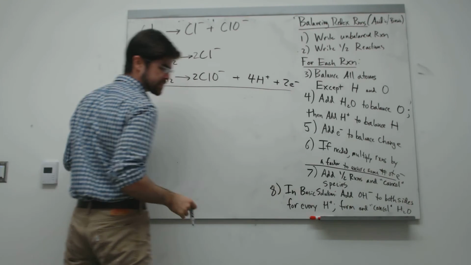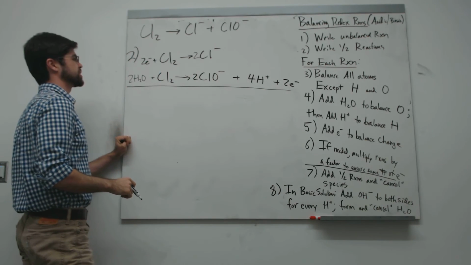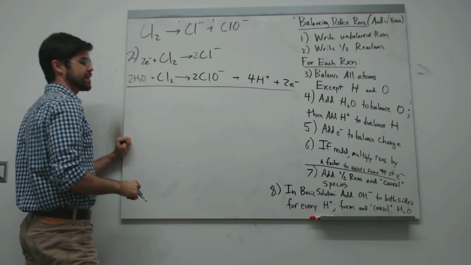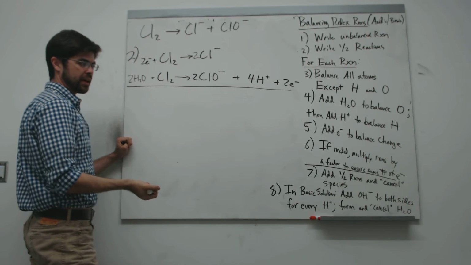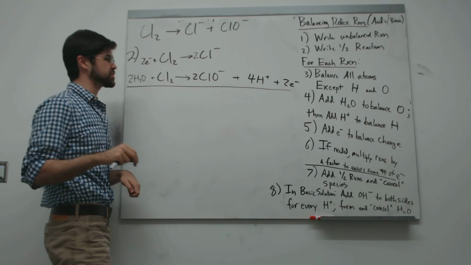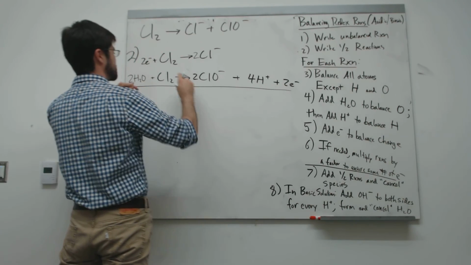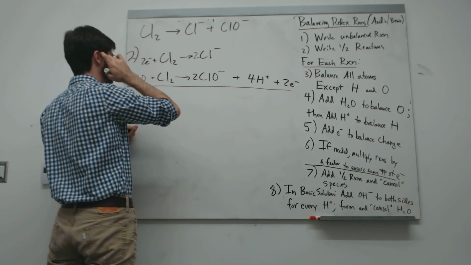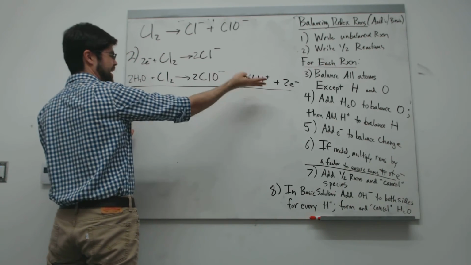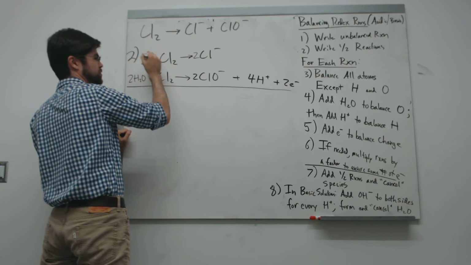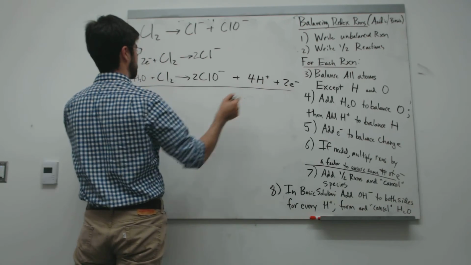Then step 7 says to add the 2 half reactions together and cancel any unnecessary species. So these 2 electrons are immediately going to cancel, because we've specifically made sure that these electrons are going to cancel.